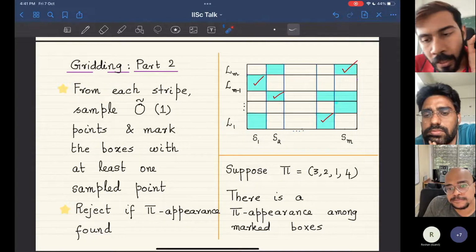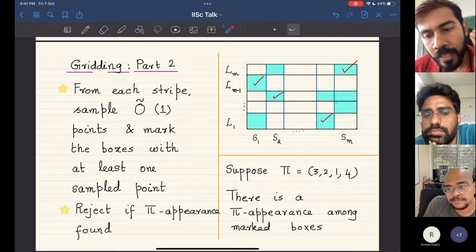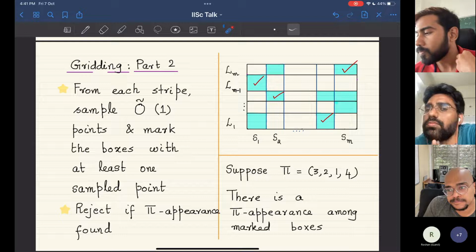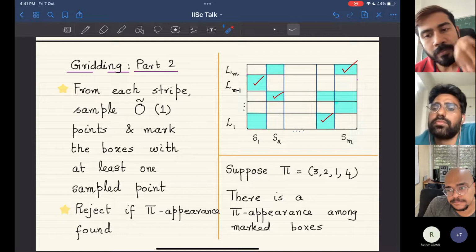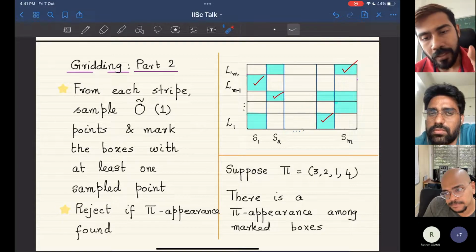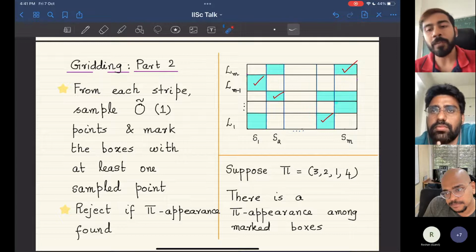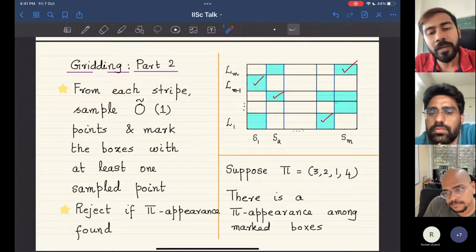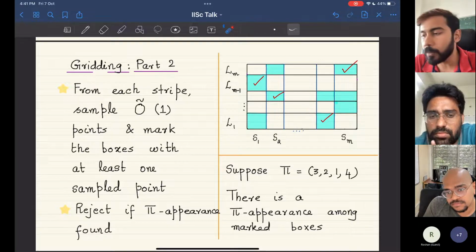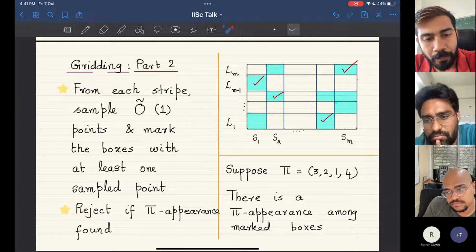And the Marcus-Tardos result tells us that if strictly more than, like little omega m boxes happen to be marked, then you already have a pi appearance simply among the marked boxes. You don't have to do anything further. You will find your pi appearance among these marked boxes.